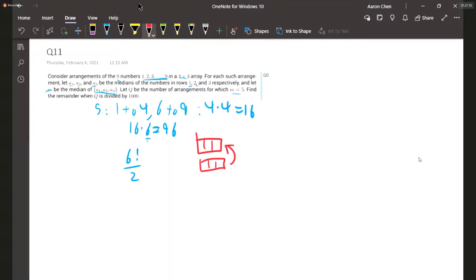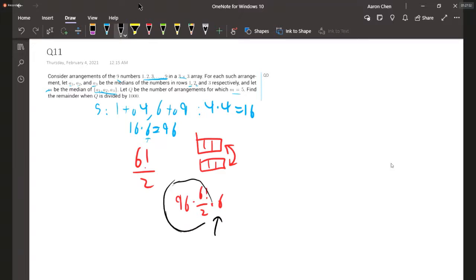So the number of ways to choose the grid is 96 times 6 factorial over 2. But we also need to multiply by an additional factor of 6, because 6 is the number of ways to arrange the 3 rows in the first place. Up until this point, this number has been counting the rows as if they're already ordered, and this is the number of ways to order the rows themselves.